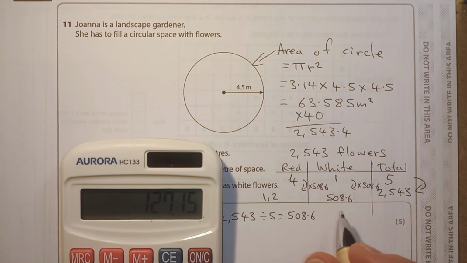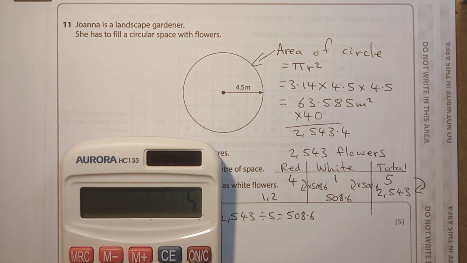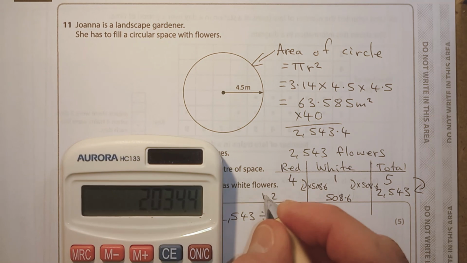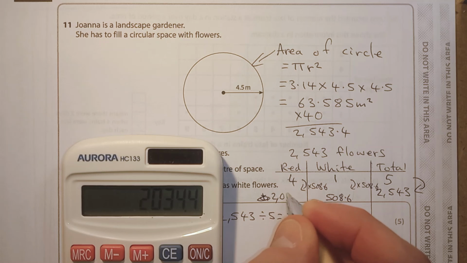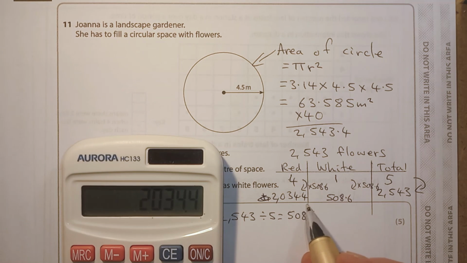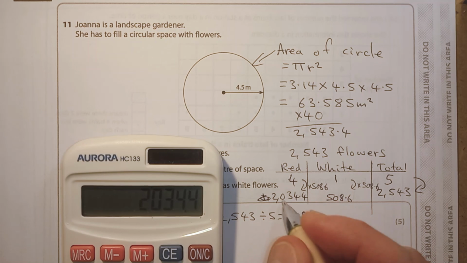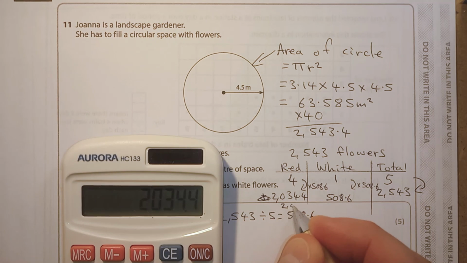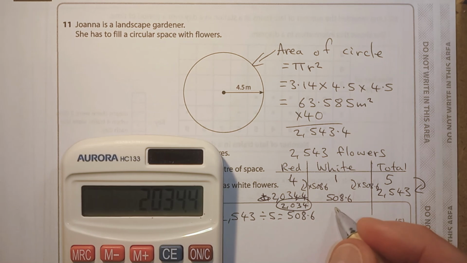No, that's not going to work, is it? Oh, I did divide it by 4. I want times 4. Sorry, times 4. Gives us 2,034.4. Now, because these are plants, I'm going to round it to a whole number. So we'll have 2,034 red plants.